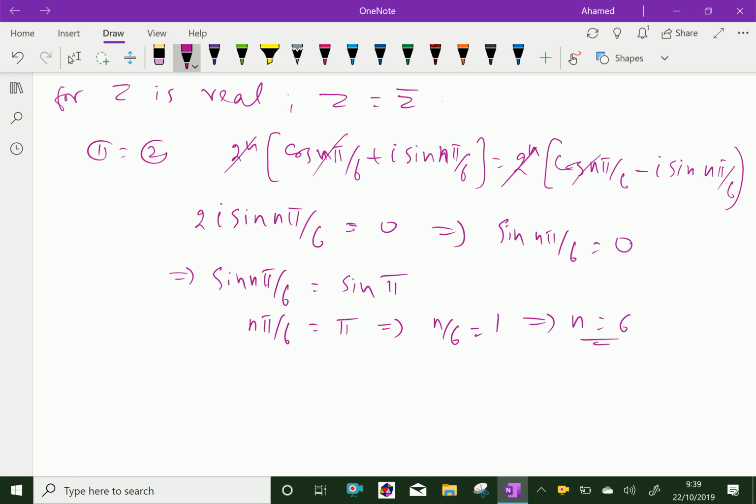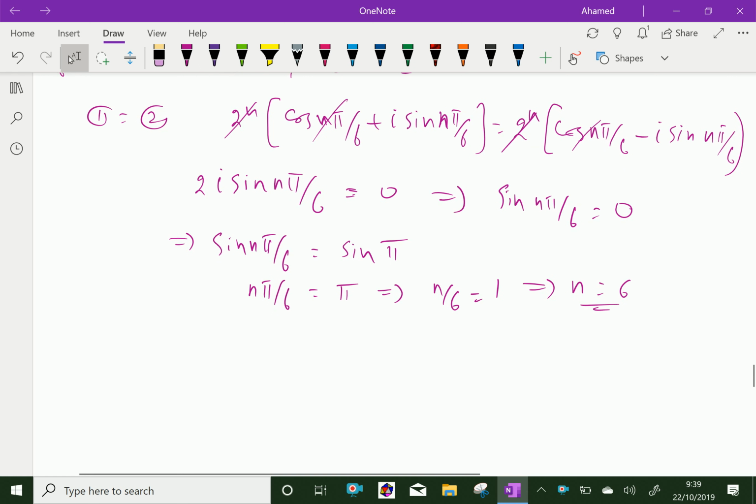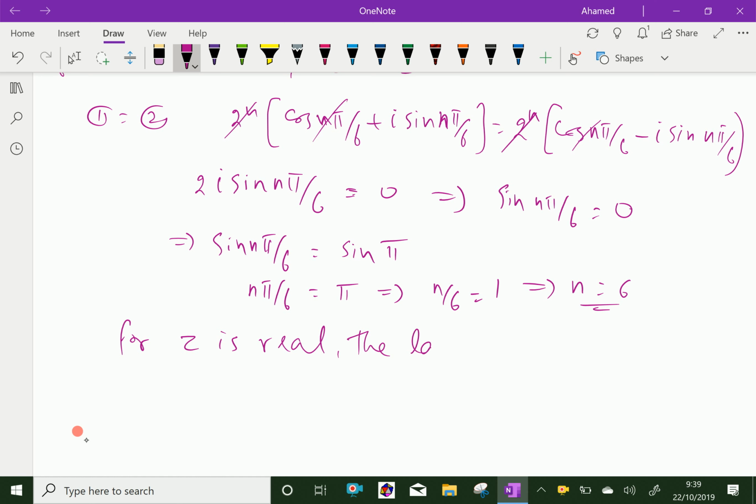Therefore, for z is real, the least value of n equals 6.